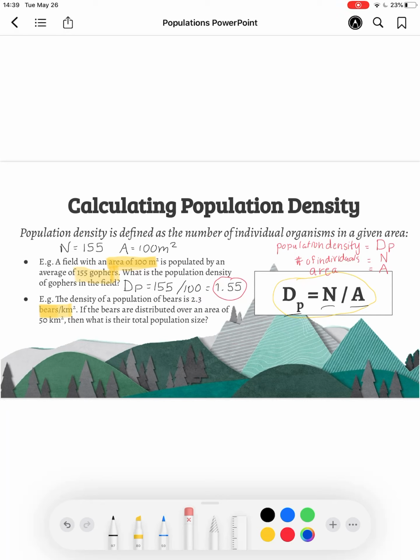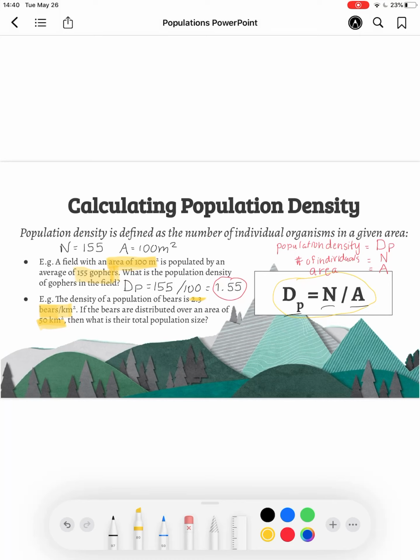I don't know why my highlighting was so terrible here. Anyway. Okay, so 2.3 bears per kilometer squared. If the bears are distributed over an area of 50 kilometers, so that's another piece of information we need, then what is the total population size? So the question's asking, what is the total population size?